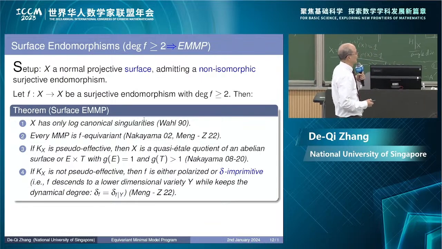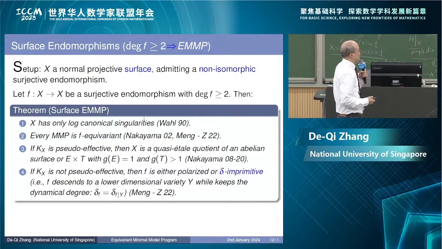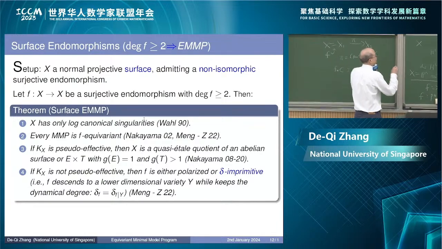essential case. In that case, you can show that f is either polarized or it's so-called delta-imprimitive, meaning that you have a fibration from X to Y where the dynamic degree is preserved.